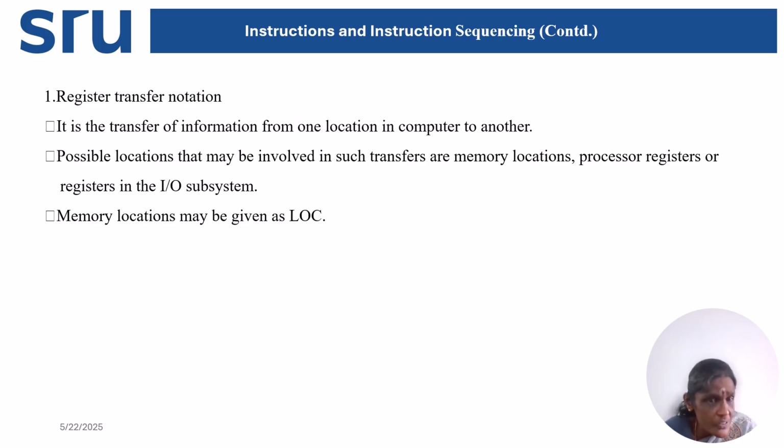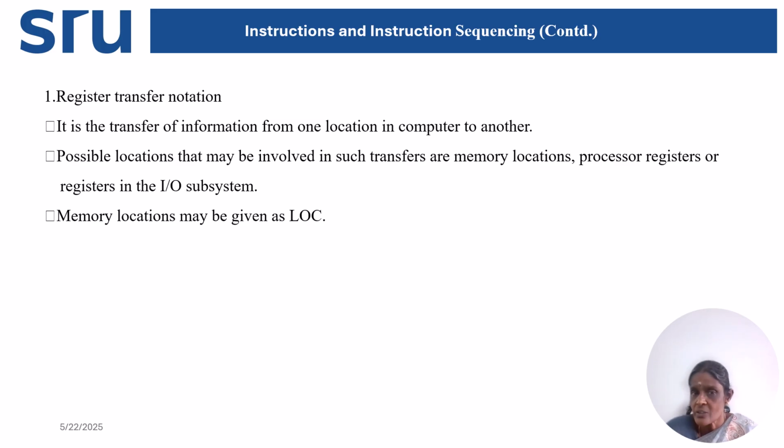Definitely, these registers belong to external devices, because input and output are both external to the system. That is why transfers happen between memory and processor register, or memory and IO, or register and IO. That is the meaning here.